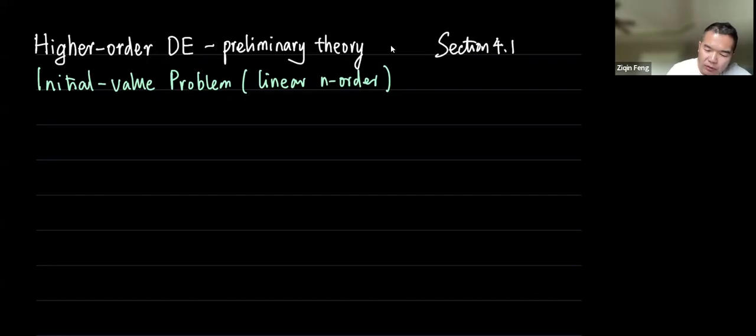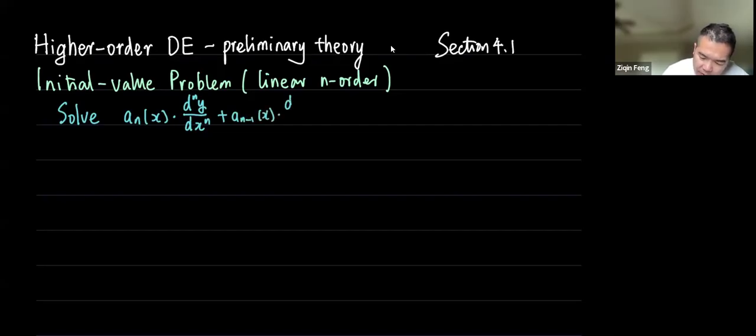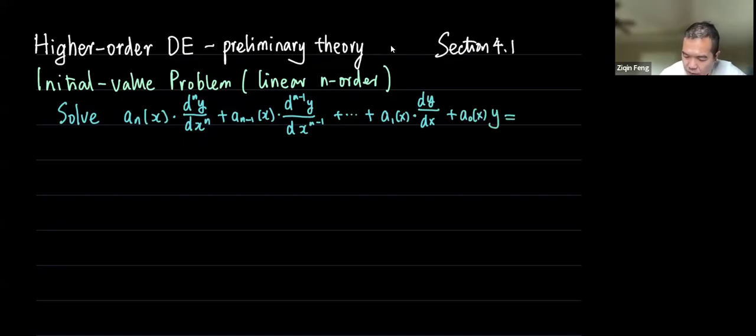So what we want to solve here is a linear nth order differential equation, which is given in general form by a_n(x), a coefficient function of x, times the nth derivative of y with respect to x, plus a_(n-1)(x) times d^(n-1)y over dx^(n-1), all the way to a_1(x) times dy over dx, plus a_0(x) y equal to g of x.